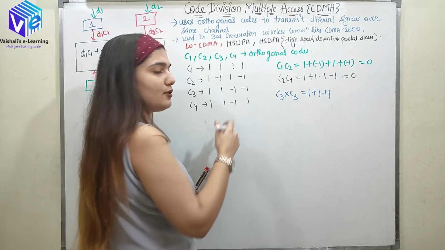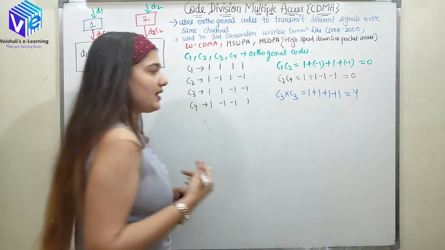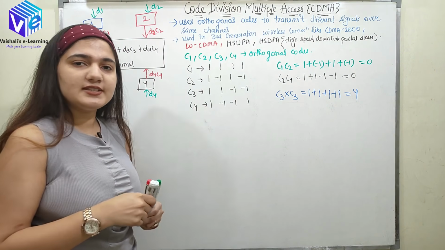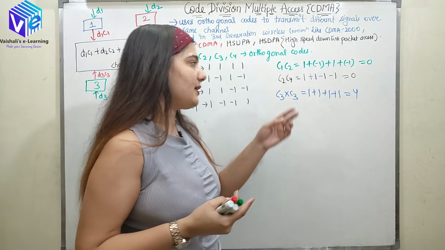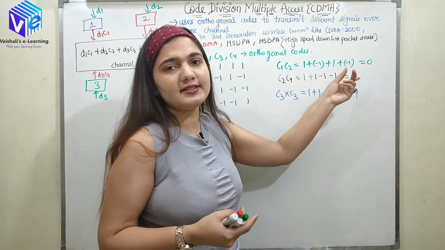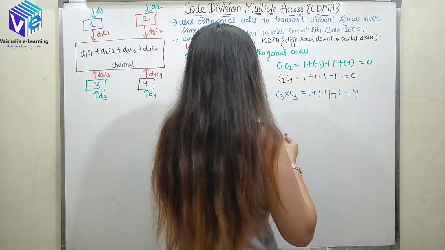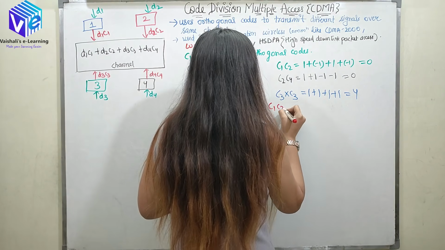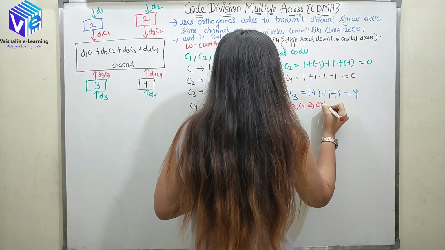Similarly here also, minus 1 multiplied with minus 1, again I'll get 1. So when the same code is multiplied with itself, I'll get 4. And when two different codes are multiplied, every time I'll get 0. This is the property of orthogonal codes. So I can say C1, C2, C3 and C4 are orthogonal.